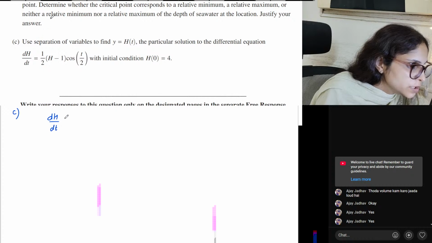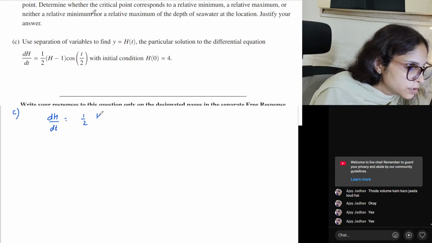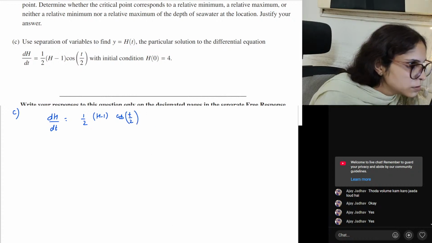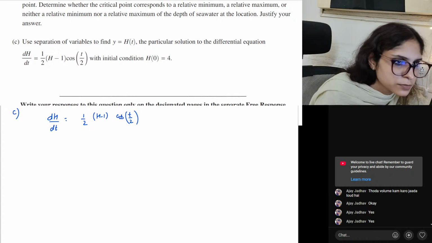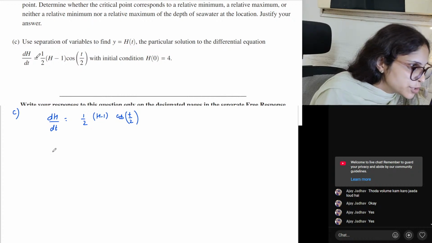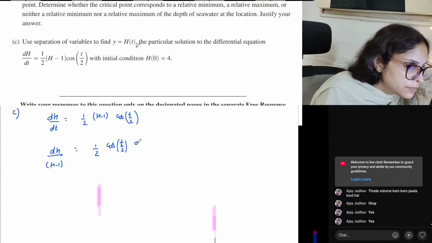So dh over dt is equal to 1/2 (h minus 1) cosine t over 2. For separation of variables, I will bring h minus 1 to the denominator over here. Half cosine t over 2 will remain over here and dt will come here.